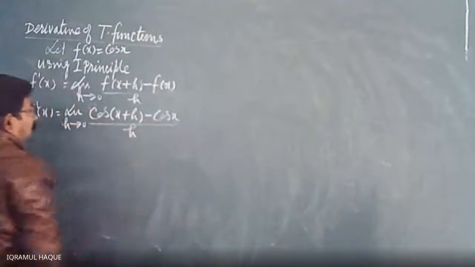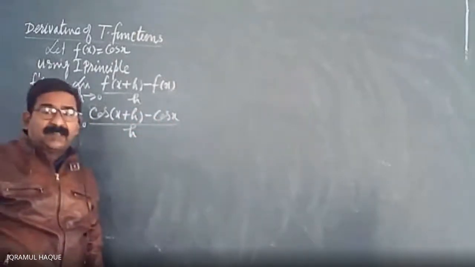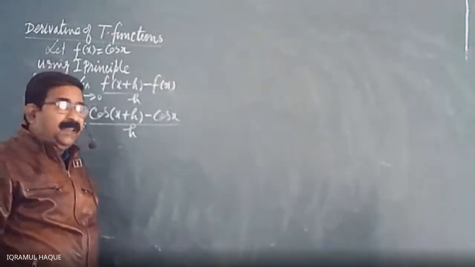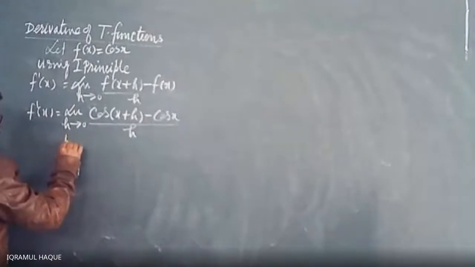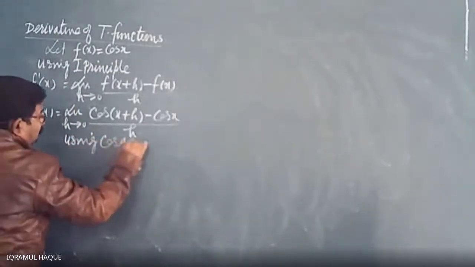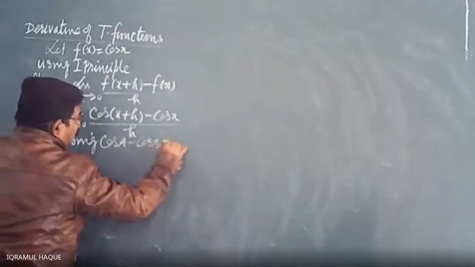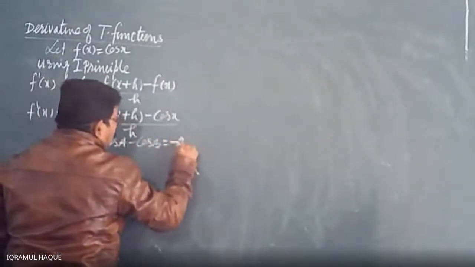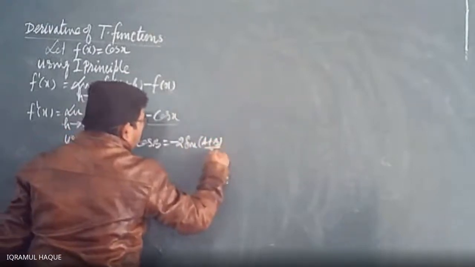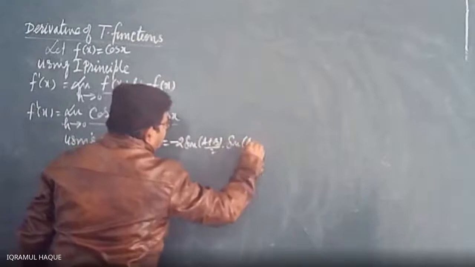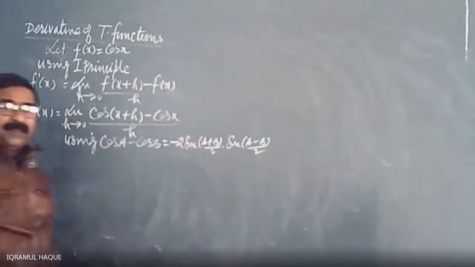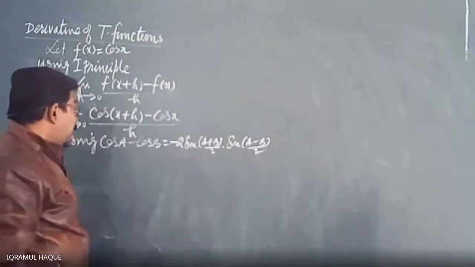Upon h. So this time we have to use the formula of cos A minus cos B. I'm writing: cos A minus cos B is equal to minus 2 sin((A+B)/2) sin((A-B)/2). This is the formula of cos A minus cos B. In the third chapter it has been taught.